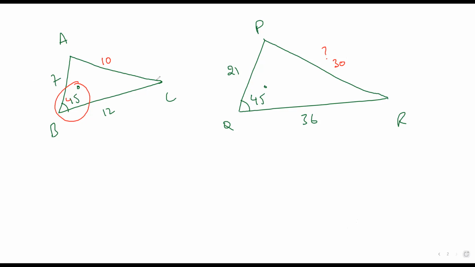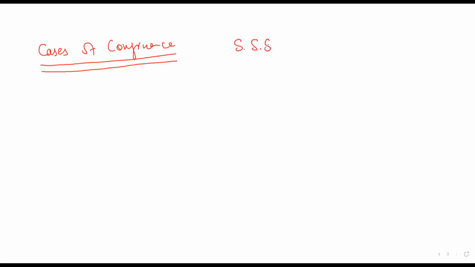Now, what are the cases of similarity? First of all, you should recall the cases of congruence in triangles. When you have to prove two triangles congruent, there has to be at least one pair of equal corresponding sides. So the cases of congruence are going to be side, side, side, or side, angle, side, or side, side, angle, or it can be angle, side, side.